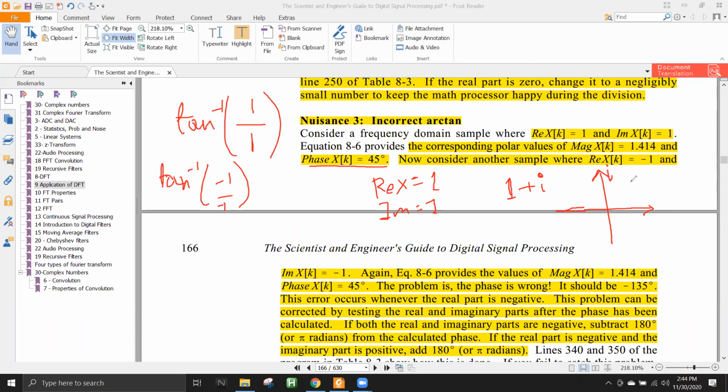So I put 1 here, and then plus I, so this point is 1 plus I. And minus 1 means this point, minus 1 minus I.